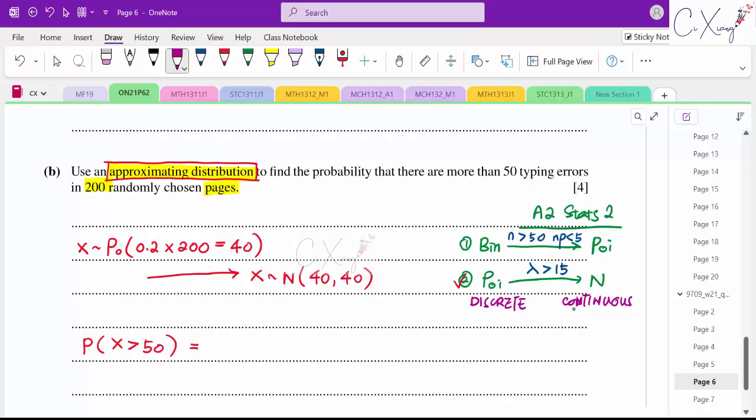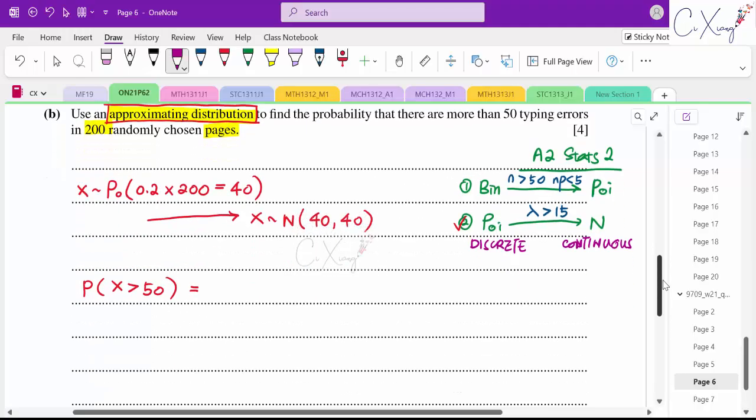So when you want to change the discrete into the continuous random variable, you need a continuity correction. The continuity correction is either plus 0.5 or minus 0.5. That means, looking at the 50, there are only two options: either plus 0.5 or minus 0.5.